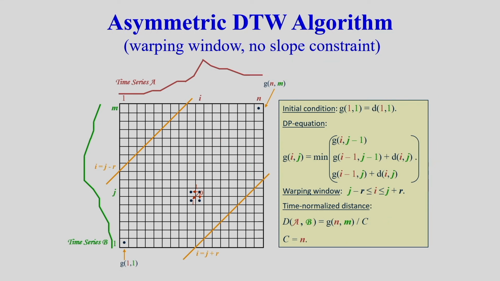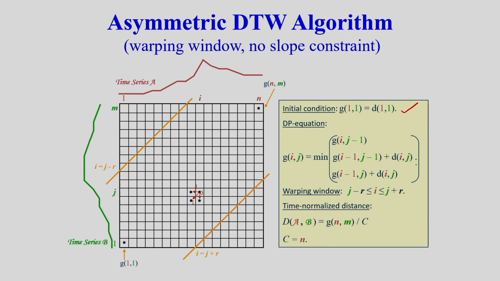And similarly, we can consider the asymmetric DTW algorithm. Again, in this case, I am defining the warping window, and I am not considering the slope constraint, and this is the initial condition for the asymmetric DTW algorithm.